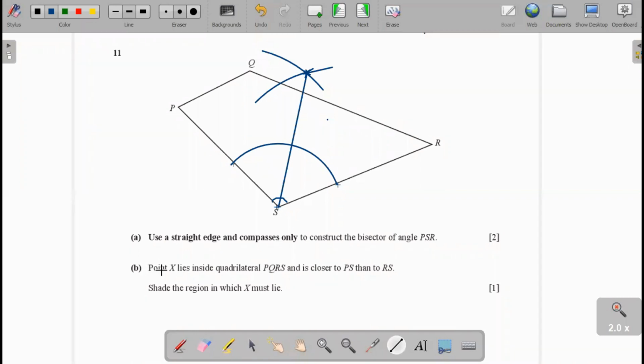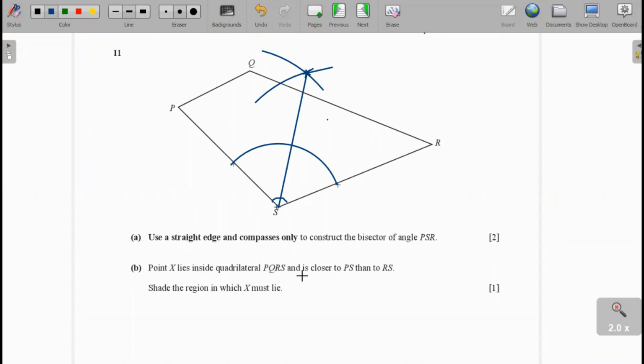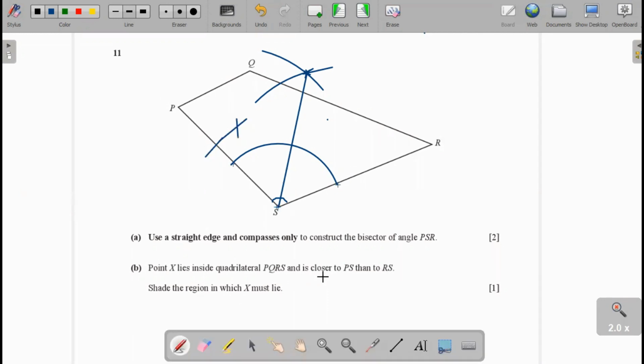In part B, point X lies inside the quadrilateral PQRS and is closer to PS than RS. Shade the region in which X must lie. This is the quadrilateral PQRS. In this quadrilateral, that line is PS, and this line is RS. X is closer to PS than RS.